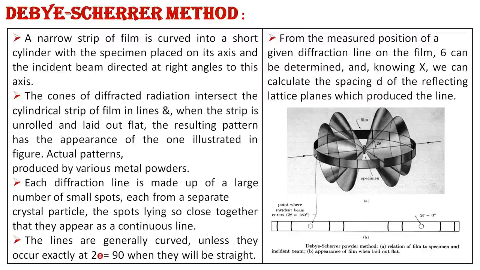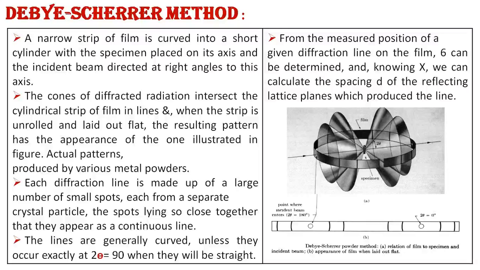Actual patterns produced by various metal powders. Each diffraction line is made of a large number of small spots, each from a separate crystal particle, the spots lying so close together that they appear as a continuous line.